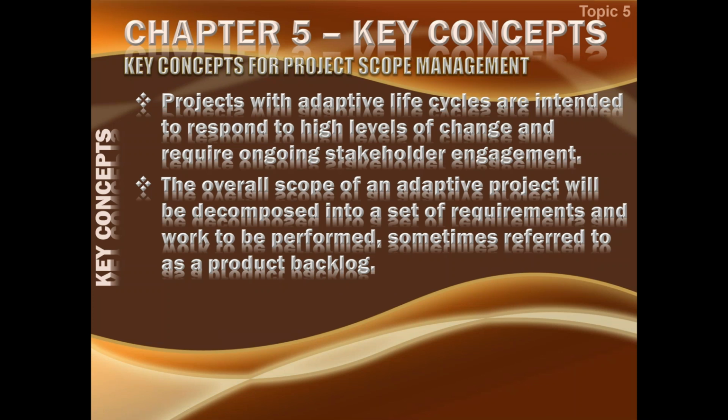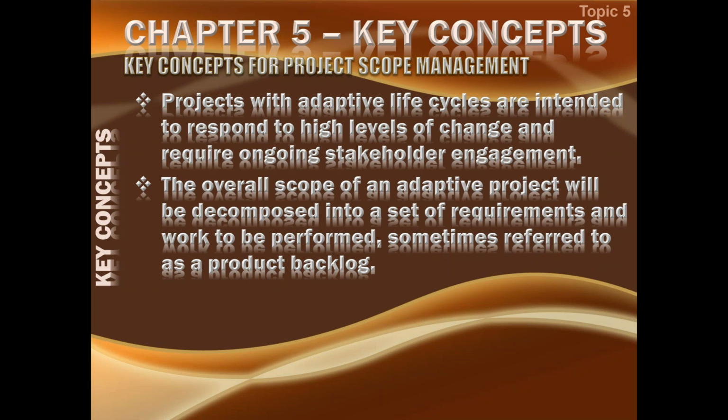What all has to be done in the project is stacked in order of priority. So this is called a product backlog. Now we are not planning all of that work. We just stacked it in order of priority. So for one iteration, whichever top priority tasks we want to do, we pick that many tasks and we just focus on them. We do not take on the whole product backlog.